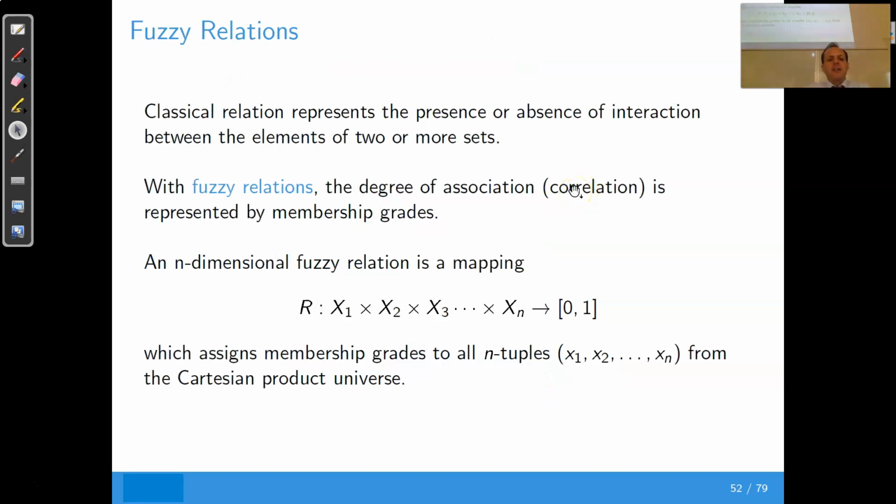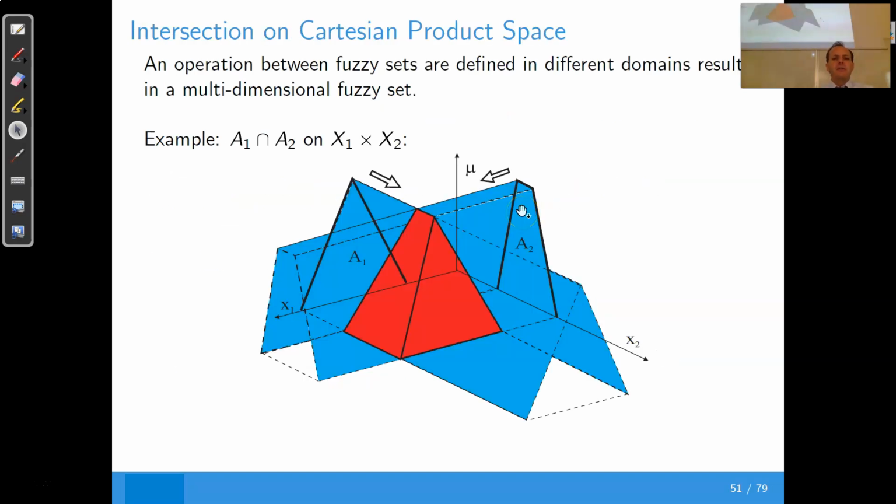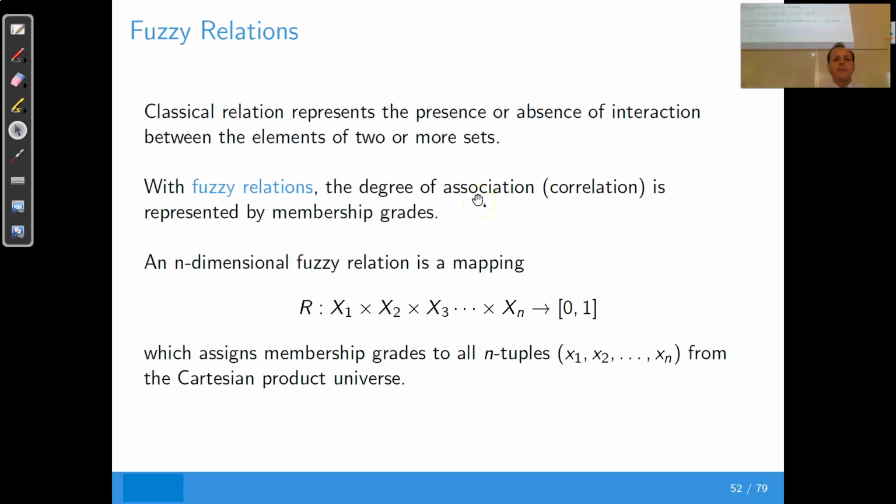So, fuzzy relations: we will see something connected to the concept of intersection. That's why I defined this operation first and then the concept of the relation.